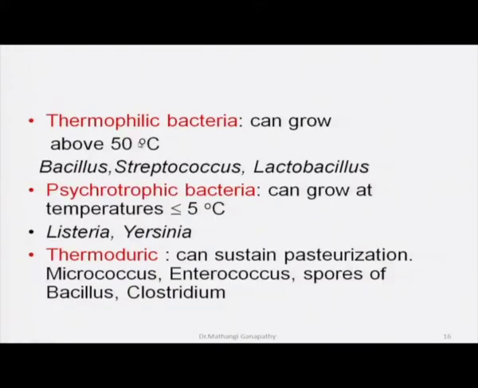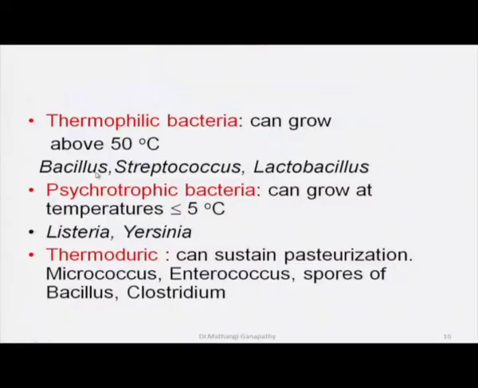The next category we are talking about is thermophilic bacteria. Thermophiles, as the name indicates, can grow above 50 degrees centigrade. Bacillus, Streptococcus, Lactobacillus, etc. are examples, which means that if the food has been processed at less than 50 degrees centigrade, you would not have destroyed the bacteria present, because they can survive even at temperatures beyond 50 degrees.